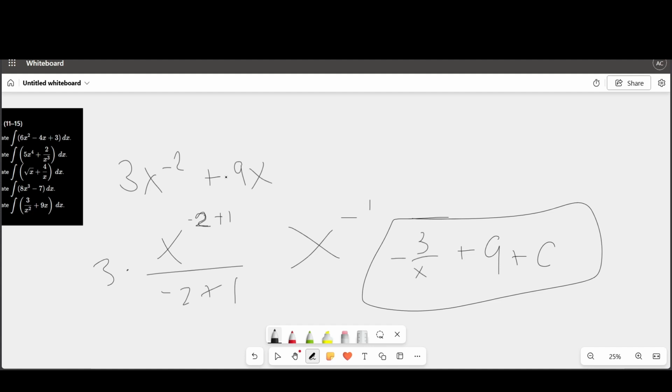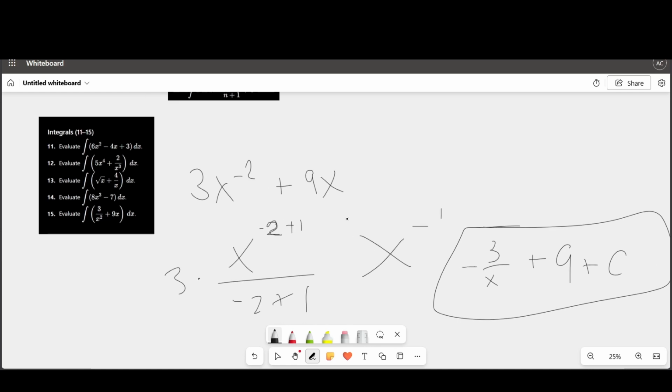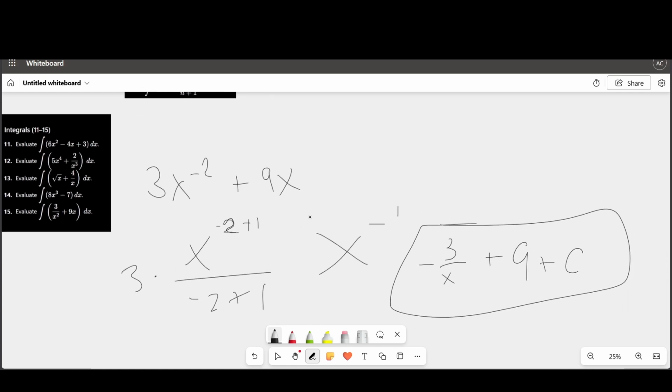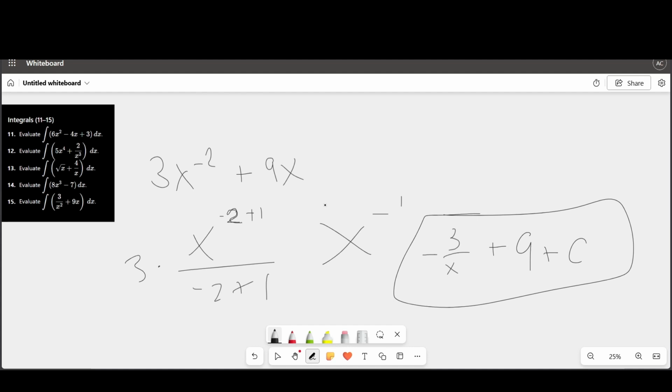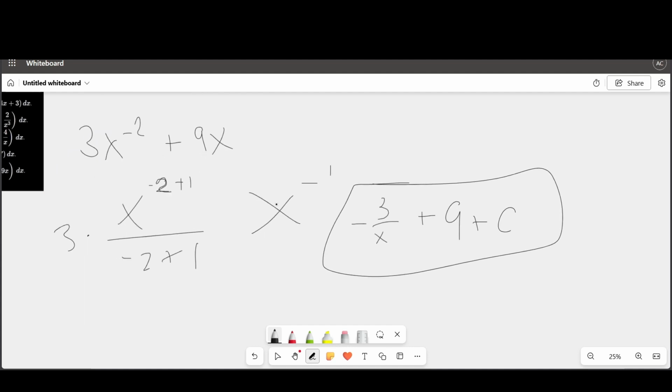Okay, so we just have to use the power rule again on 9x.